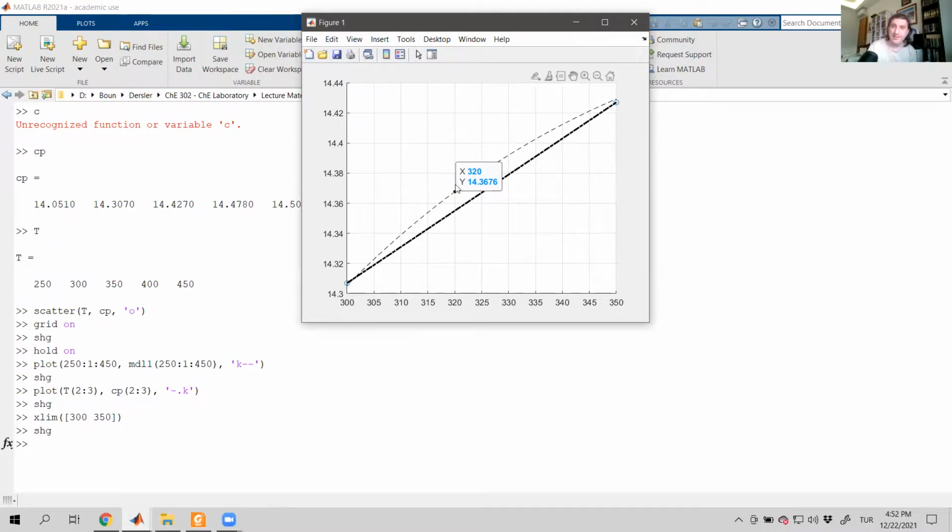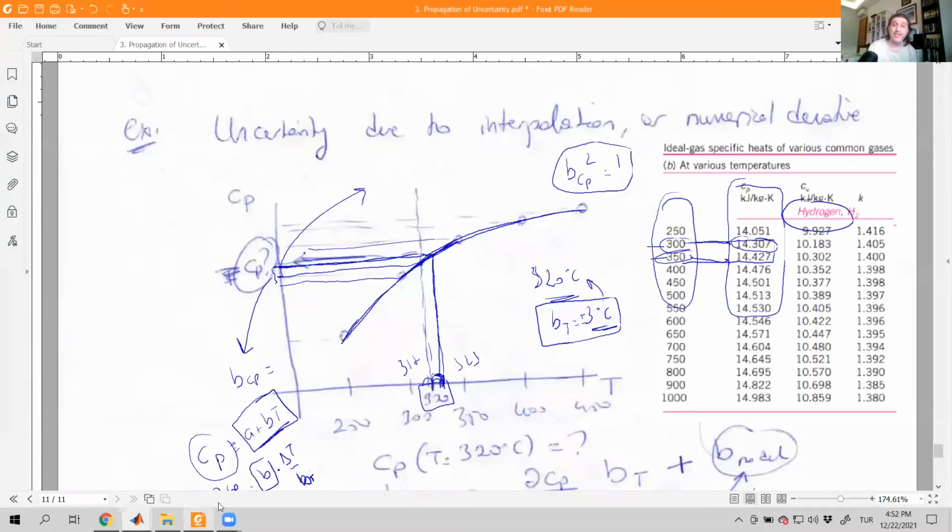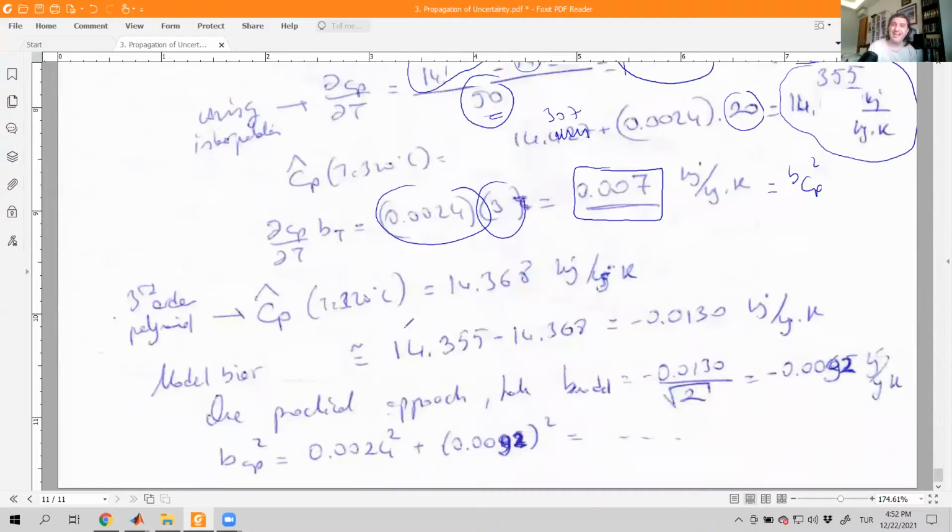So the difference between this value and this predicted value is going to give me the magnitude of the uncertainty. So the value that I estimate using the third order polynomial is equal to, where is that value? It's going to be 14.368, I guess.